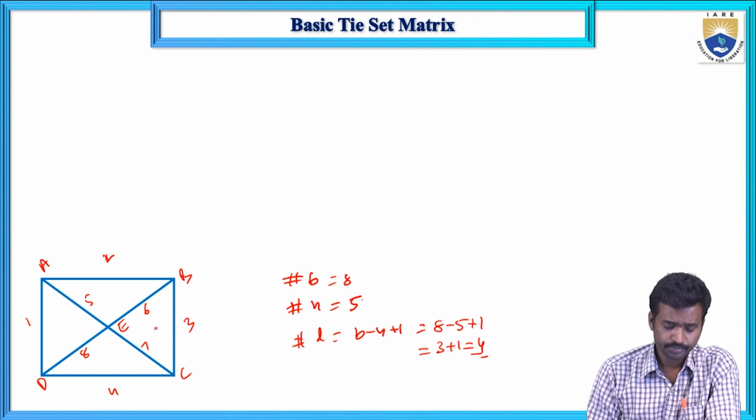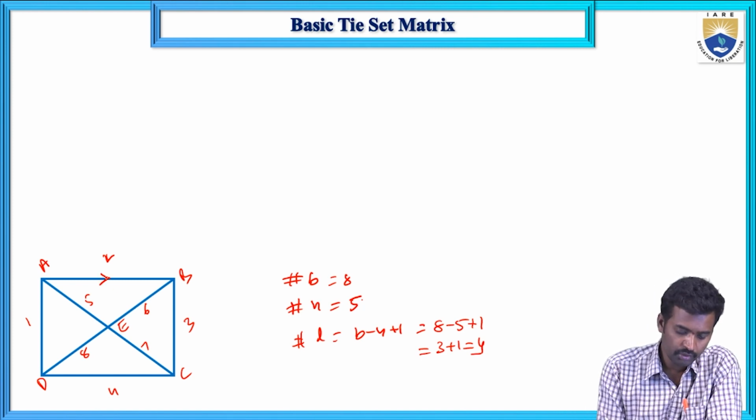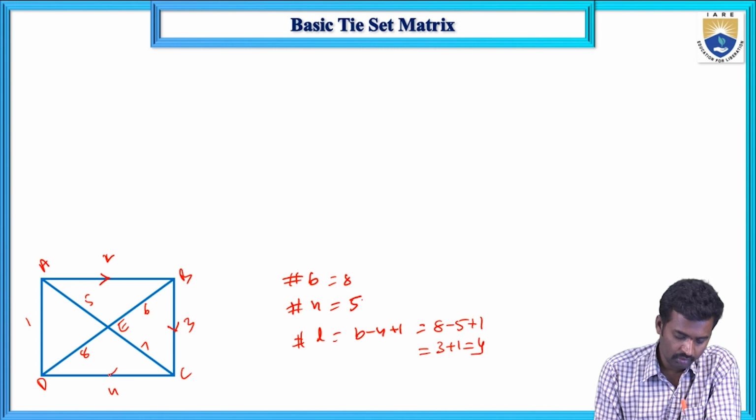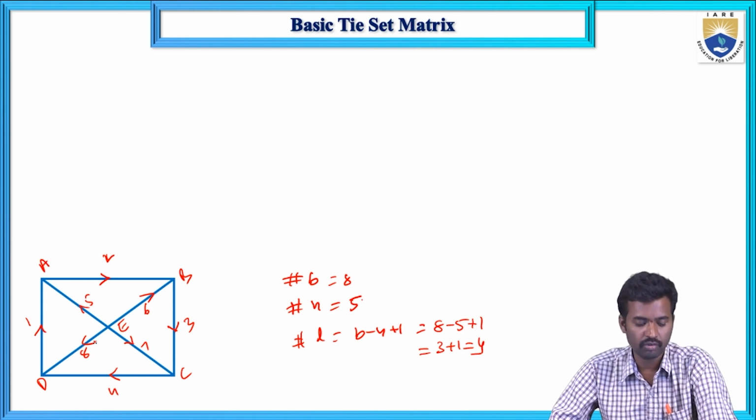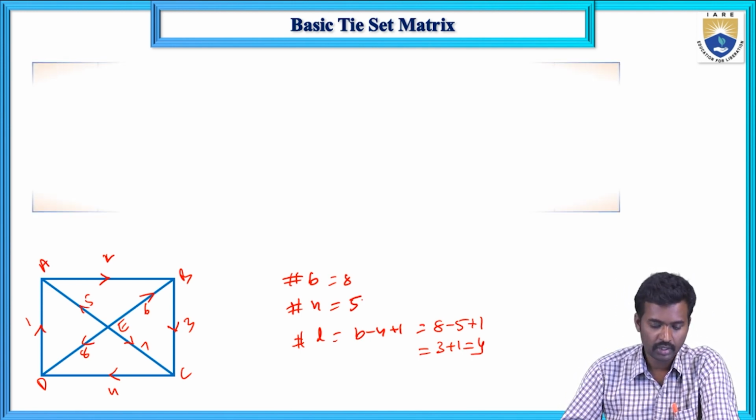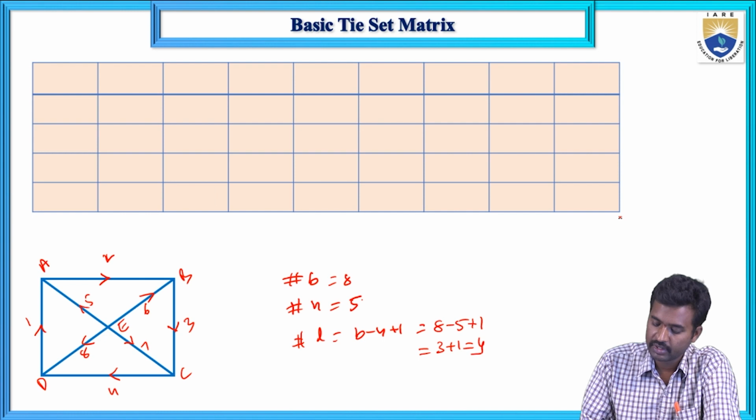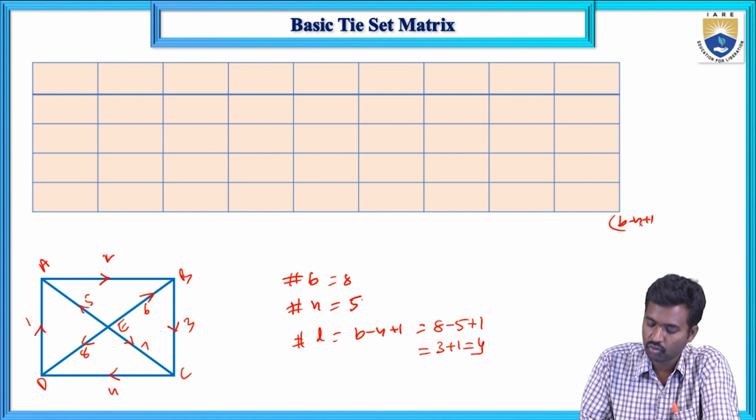Now here directions. If you assign this one in clockwise direction plus 1 and this is outside. Now this is an oriented graph. Now here the matrix size is B minus n plus 1 cross B, that equals 4 cross 8.